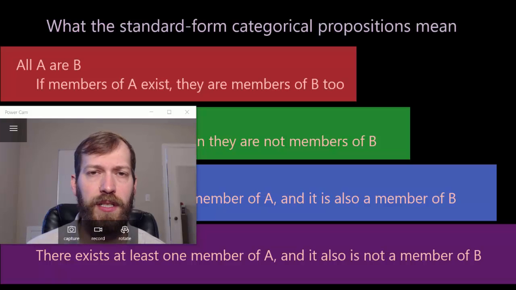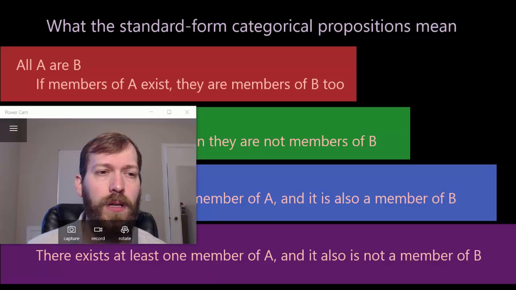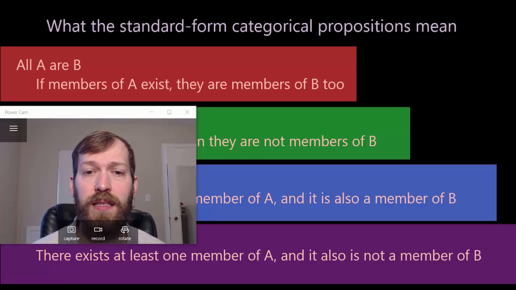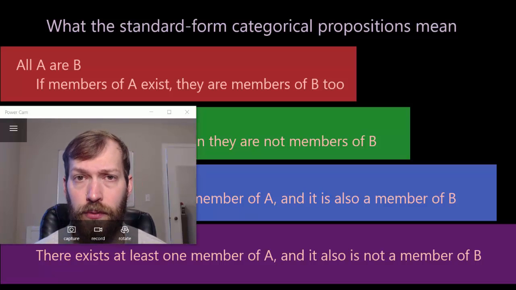Let's think about what it is we're committing ourselves to when we are dealing with these standard form categorical propositions. So what are we saying? What are we expressing? What do they mean? If I say all A are B, I'm saying everything that's an A is also a B. Or in other words, if members of A exist, they are members of B too.